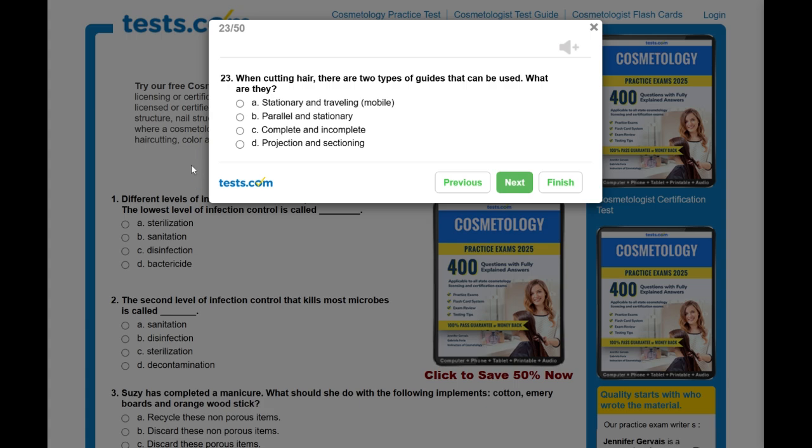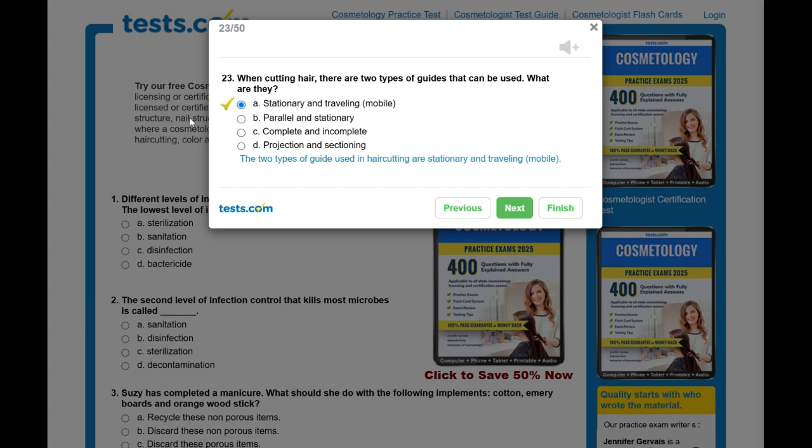When cutting hair, there are two types of guides that can be used. What are they? A. Stationary and traveling, mobile. B. Parallel and stationary. C. Complete and incomplete. D. Projection and sectioning. A. Stationary and traveling, mobile. The two types of guide used in haircutting are stationary and traveling, mobile.